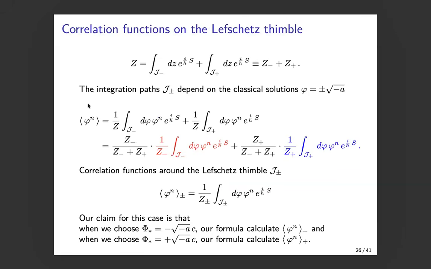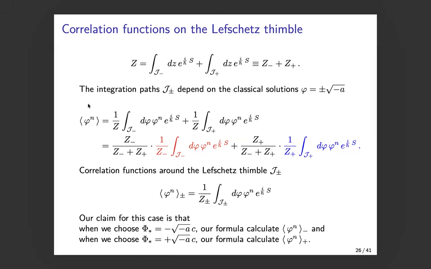We just write this part Z minus and this part Z plus. This minus and plus is associated with the classical solution phi equals plus or minus square root of minus A. And the correlation function can also be decomposed into two parts like this. This is the integral associated with J minus, and this is the integral on J plus.